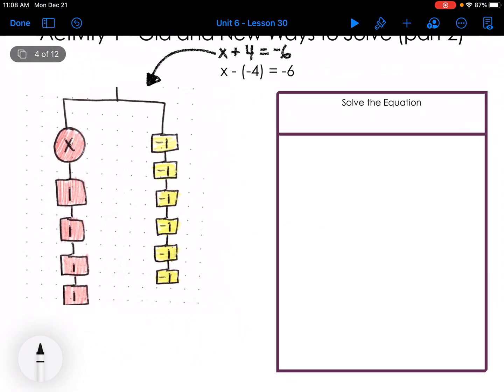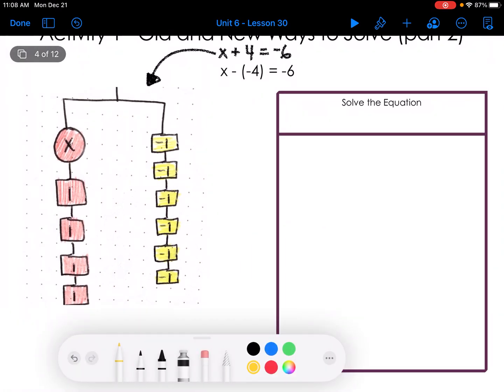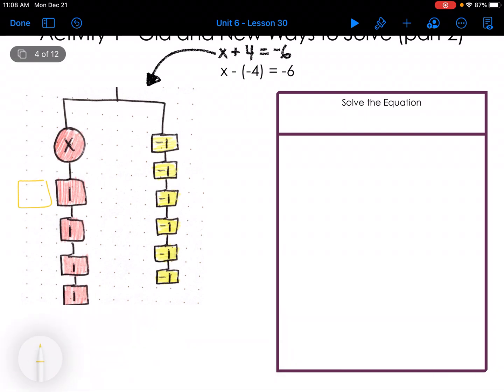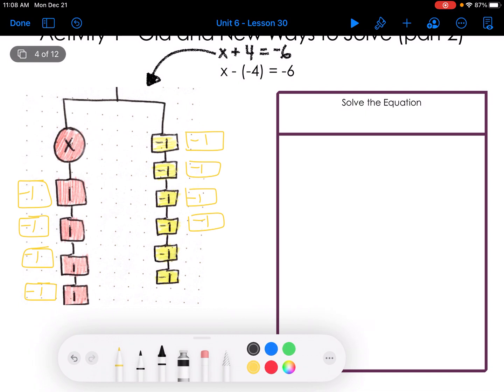Okay, so now I'm going to create my 0 pairs. So I'm going to have a -1. I have to add 4 -1s to each side. Okay, to create my 0 pairs, because I can't just cross them out like I did before. That's not going to work. All right, now I'm going to cross out all my 0 pairs.